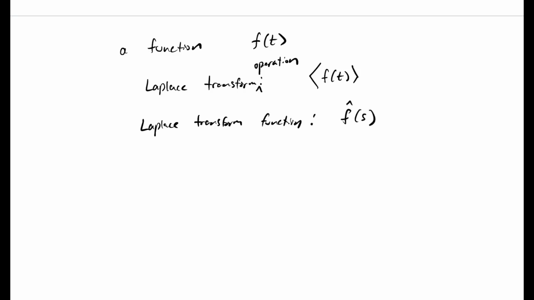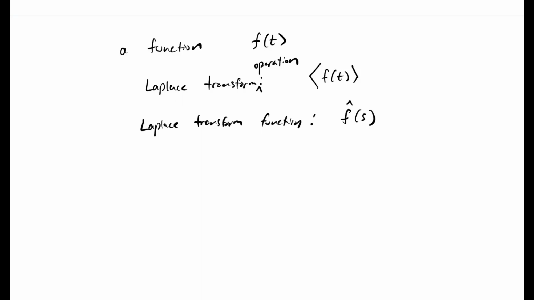Okay, so we take some f of t, we apply this Laplace transform operation, and we end up with a new function, f hat, which is in a different domain, right? So we have to differentiate it somehow between t and s, and so you'll see the hat appear. Okay, so for a problem with temperature as a function of time, once you transform it into the s domain, you'd write it as T hat instead of just plain T. Okay, just so you always want to keep track of where you are.